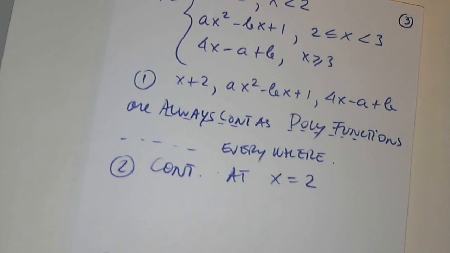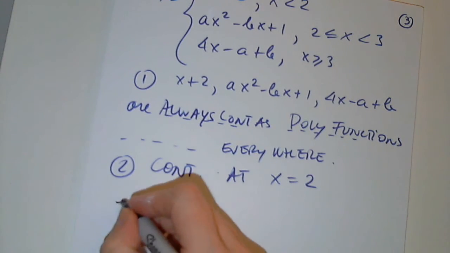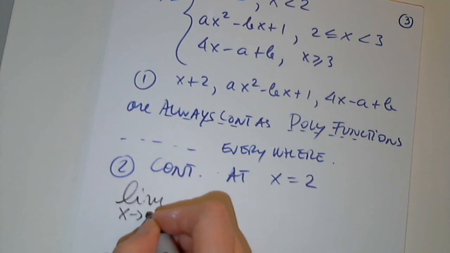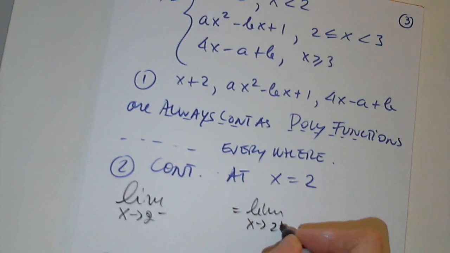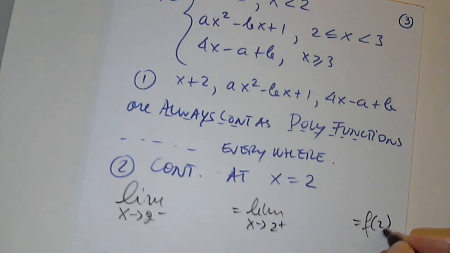I'm begging you, please. What is the definition of continuity at a point? That the limit from the left. Thank you very much. The limit from the left of 2 must equal the limit from the right of 2 and must equal f of 2. Awesome. That's all I needed.